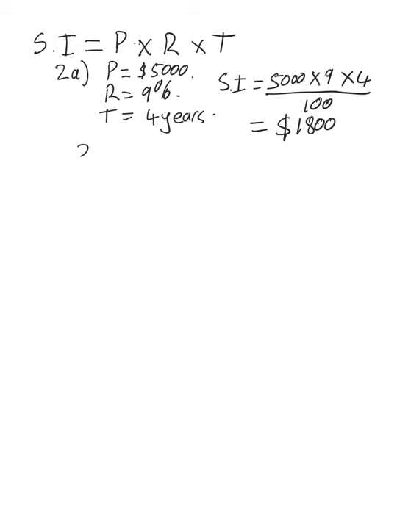Now, question 3 and beyond, we have a problem in that T is no longer in years. It's often in months. So if we look at 3A, we've got the principal equals 50,000. We have the rate of interest equals 6%, and we have T equals 6 months.